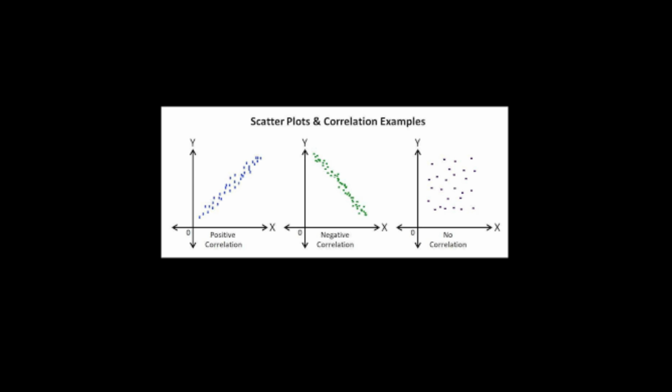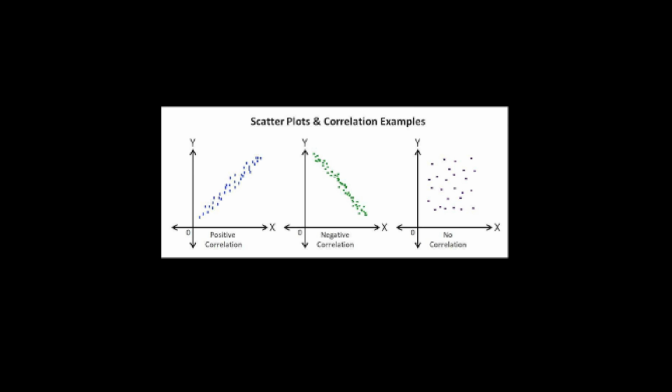In negative correlation, you'll see a downward slope. That downward slope is because one is positive and one is negative. So as anxiety goes up, test scores go down. And then as you look at the one that says no correlation, this would mean that there is no correlation between any of them.